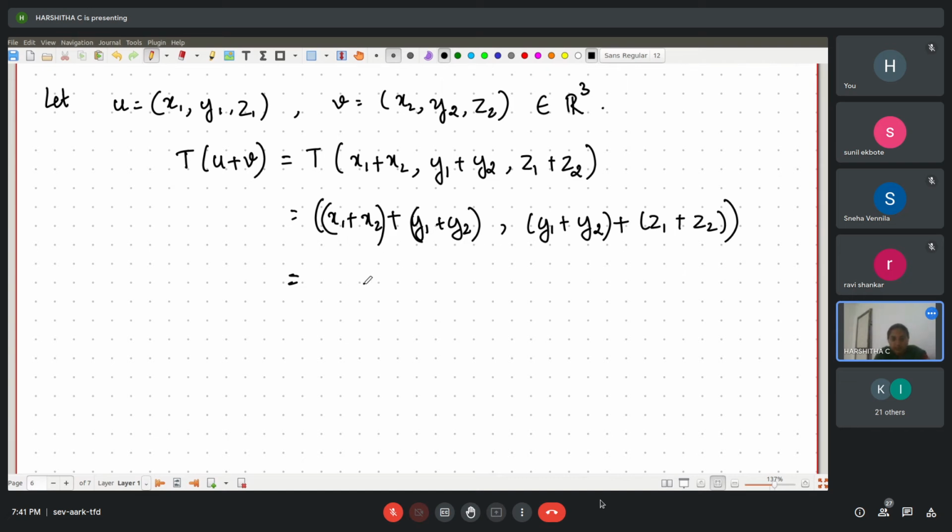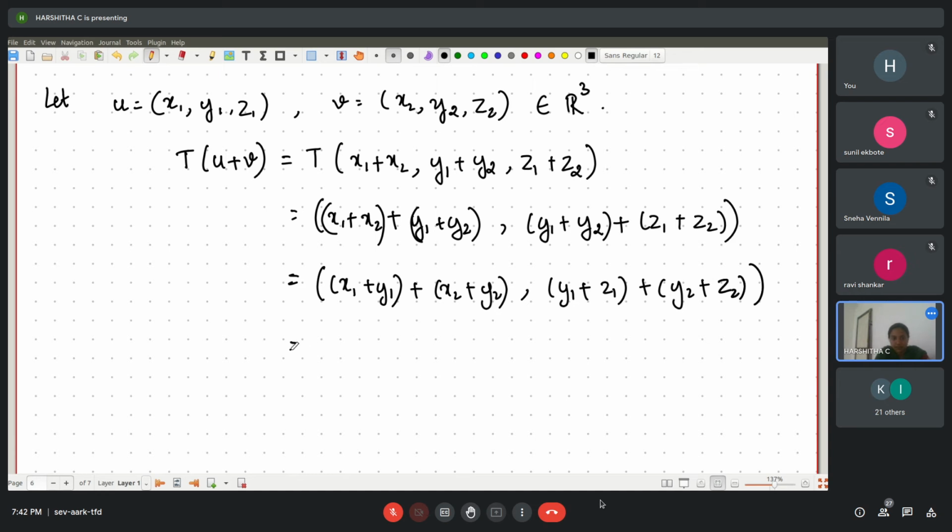So we can write this as (x1 plus y1 plus x2 plus y2, y1 plus z1 plus y2 plus z2), which is equal to (x1 plus y1, y1 plus z1) plus (x2 plus y2, y2 plus z2).